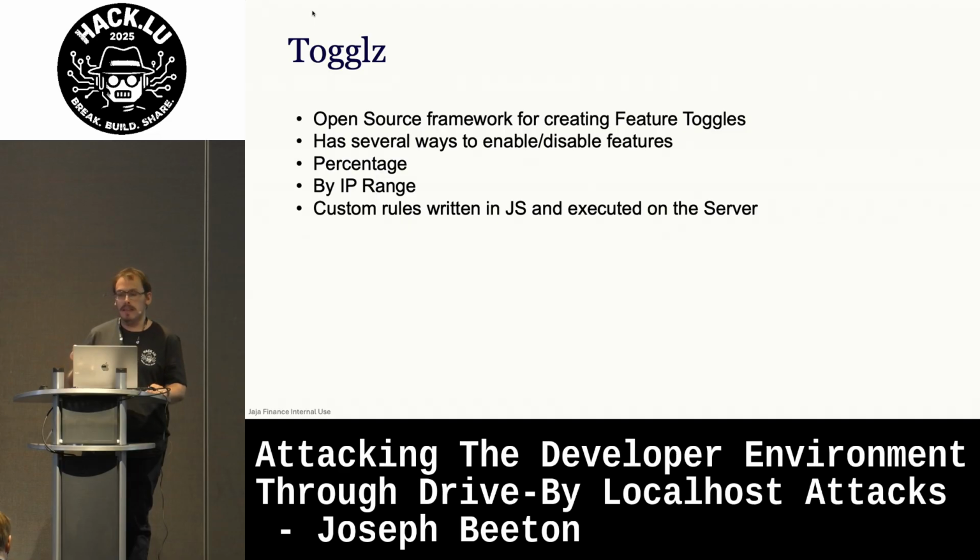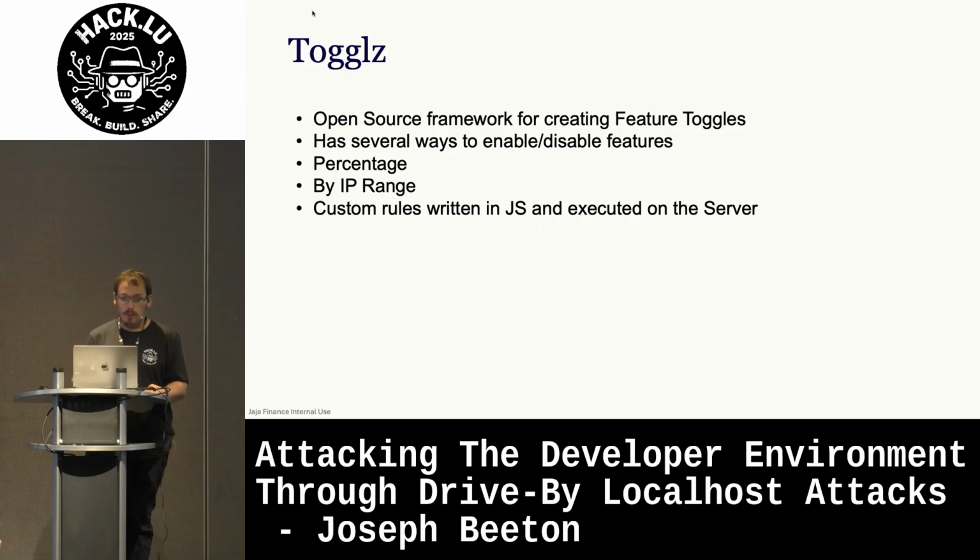It allows you to deploy code to production, and then once it's deployed, you can enable and disable it dynamically, or enable it for certain users based on things like IP ranges. So certain users from this geographic area get routed to the new code, and others get routed to the old code, or by a percentage, or lots of different ways you could do it using this Toggles console.